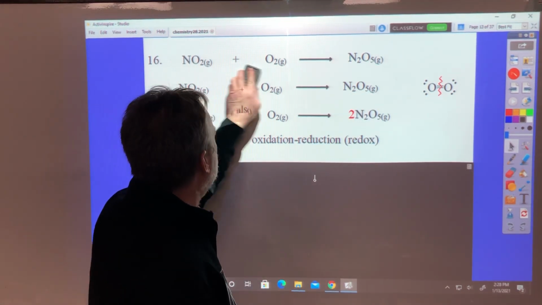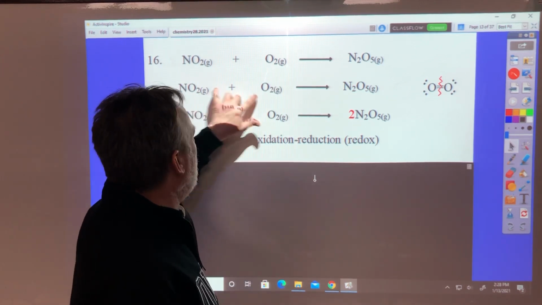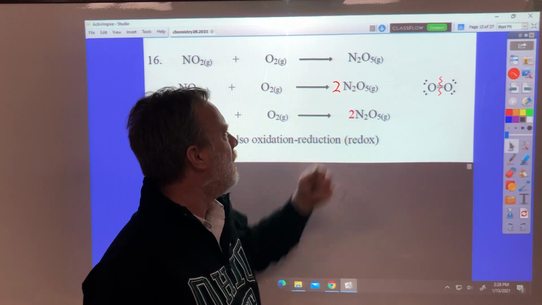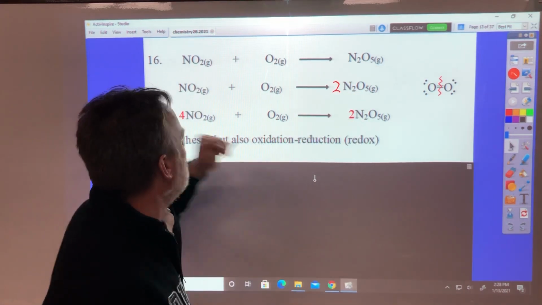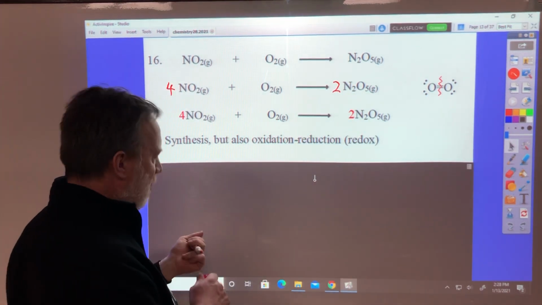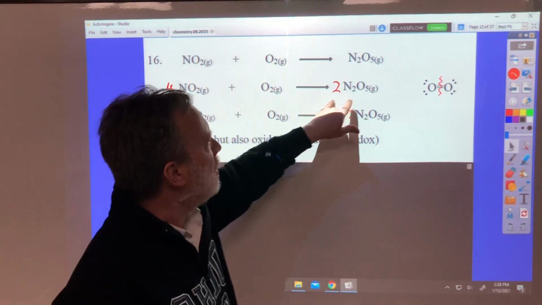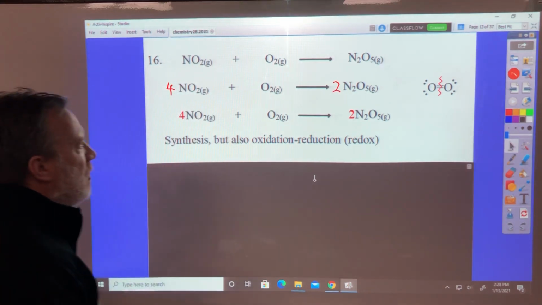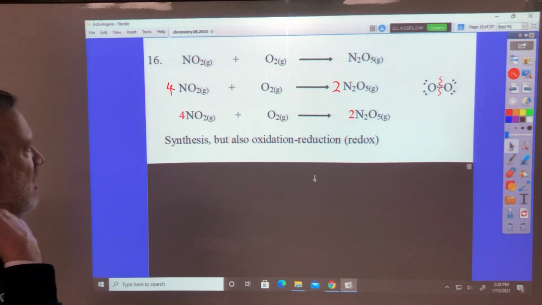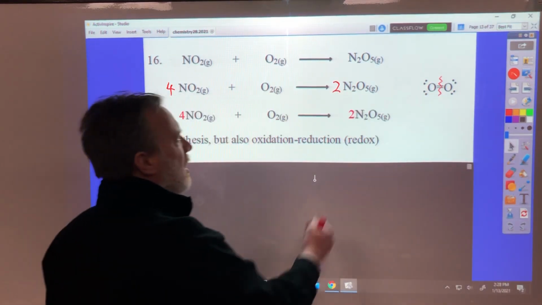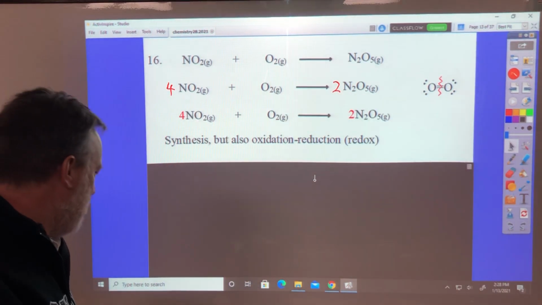So the only way I can get my even number is to make this a 2. And now I have 4 nitrogen. And what's that leave for oxygen? 4 times 2 is 8, 1 times 2 is 2, 8 plus 2 is 10, 2 times 5 is 10. So now it's done. So you have to split these oxygen in half, so you end up with an even number of them.